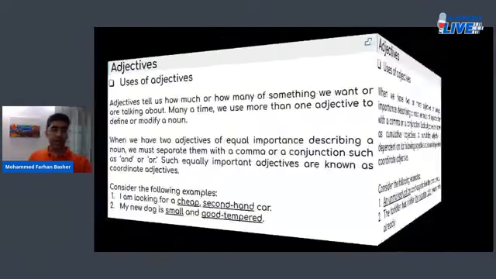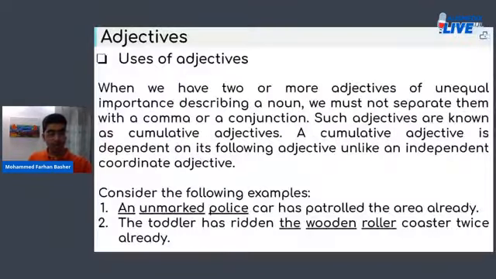Moving on to the next slide, we have another use of adjectives, or more uses of adjectives. So when we have two or more adjectives of unequal importance describing a noun. Now, so far we were discussing what we do with adjectives that are of equal importance, right?